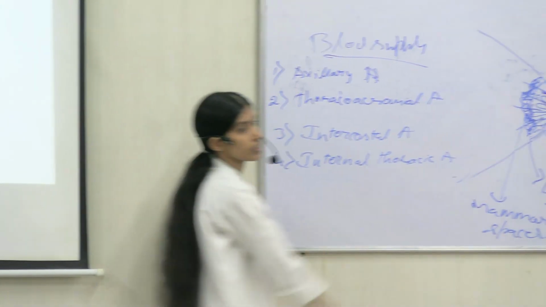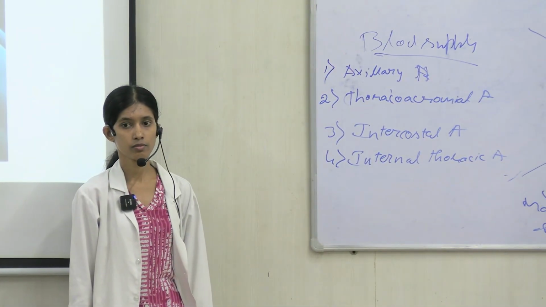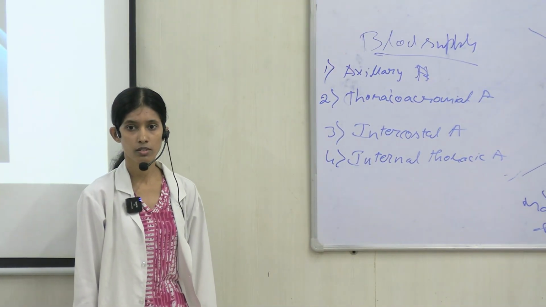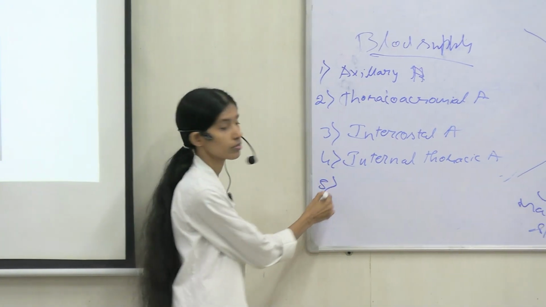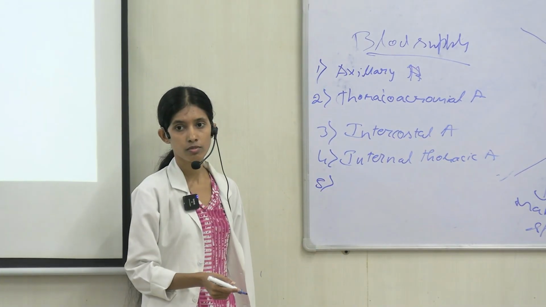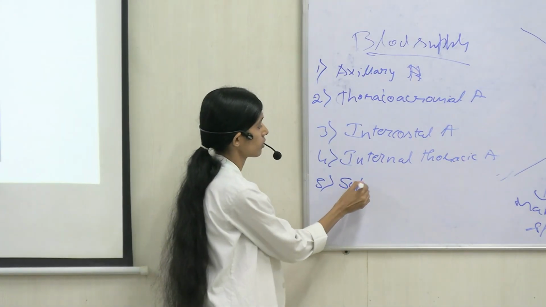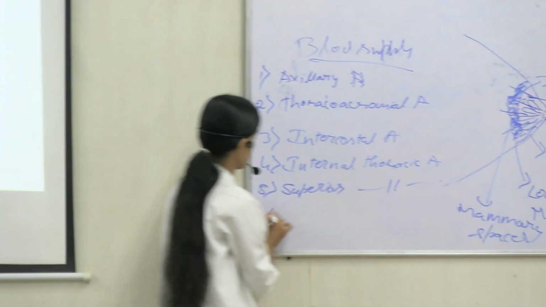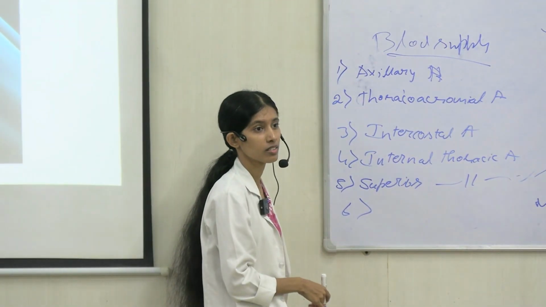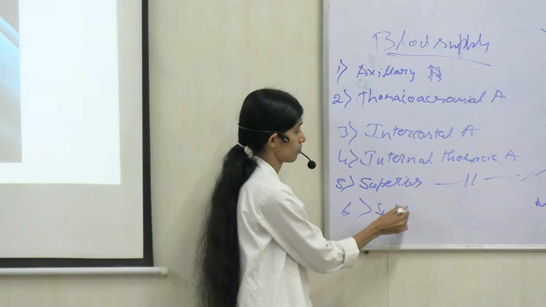Internal thoracic artery followed by super... Say it again. Superior thoracic artery. Okay, superior thoracic artery, and one more artery. Subscapularis artery. Okay, fine.